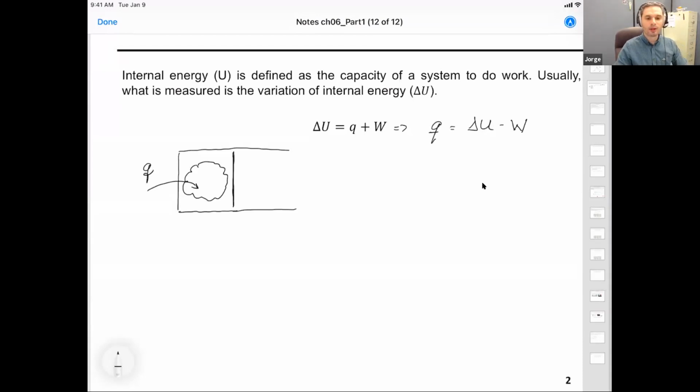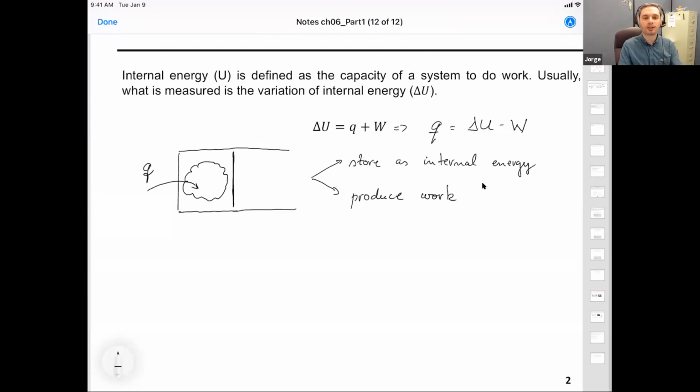Okay, so given energy in the form of heat, this gas can do two things with the energy that's provided. It can either store it as internal energy, that is one option, or produce work.